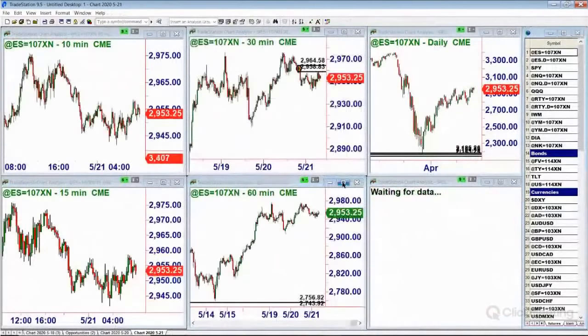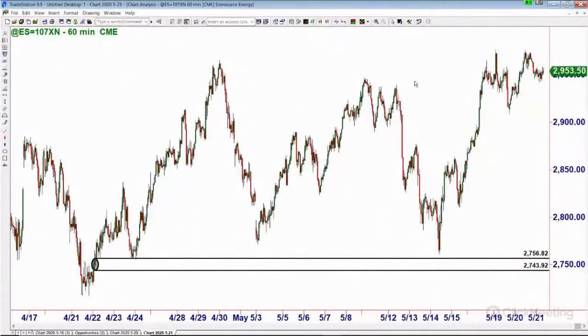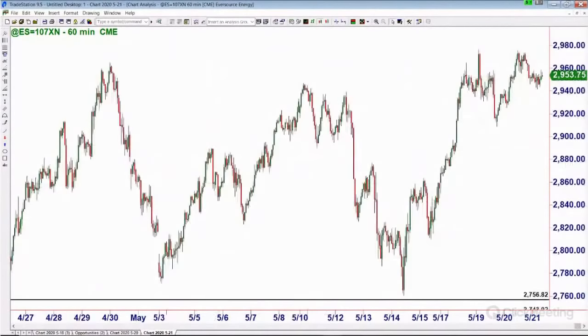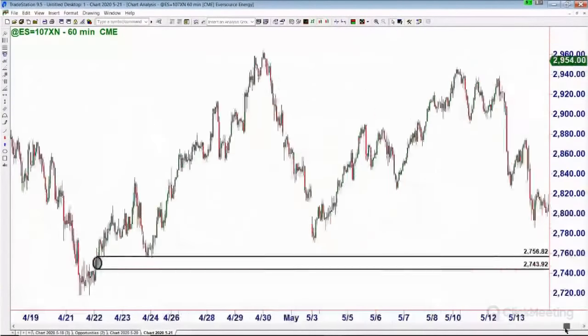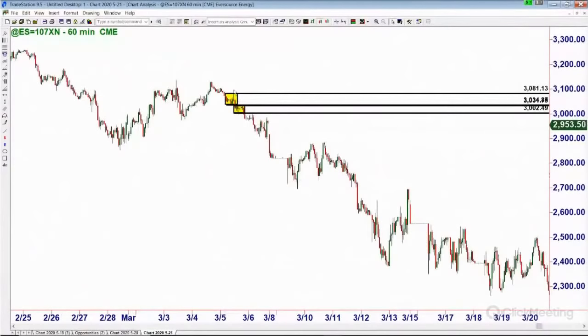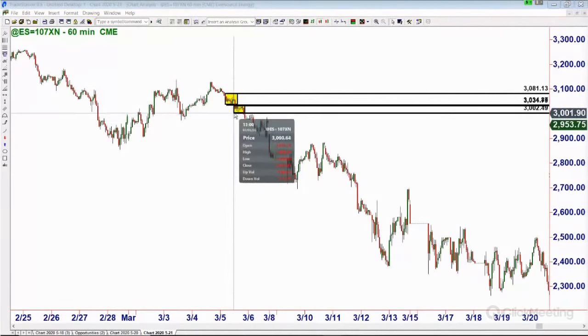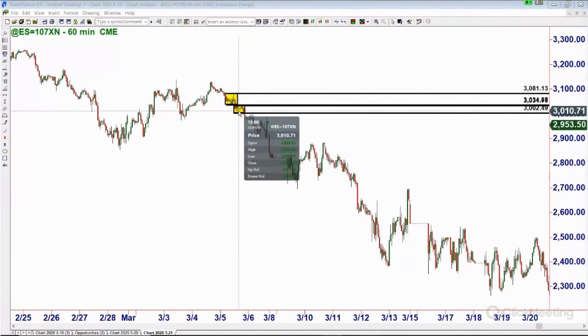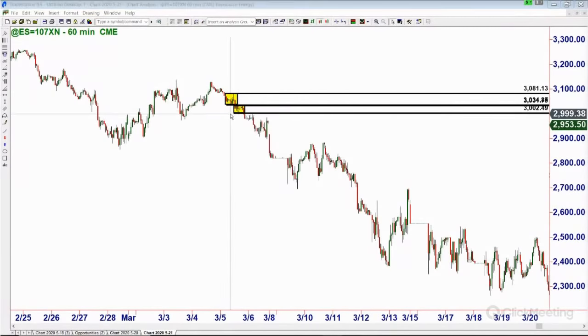Look at the 60-minute chart. I'm going to scroll back, and let's open this up a little bit. See these two levels on top of each other here? Starting at around 30.02, right? Kind of the meat of that is up closer to about 10. It's really about 30.10 is where the meat of that starts.